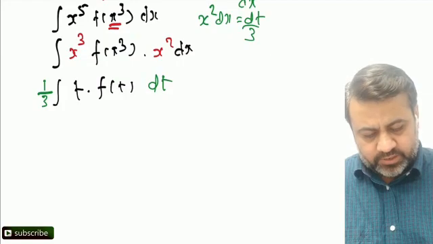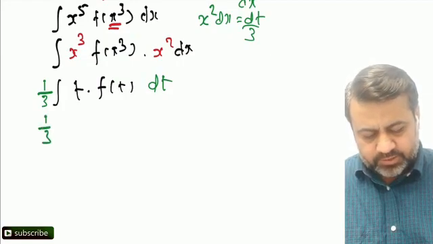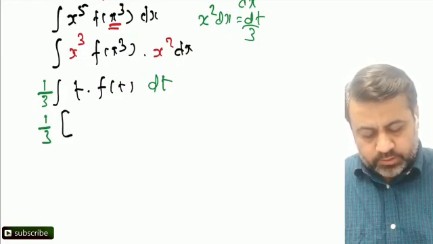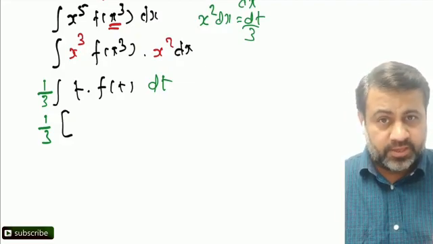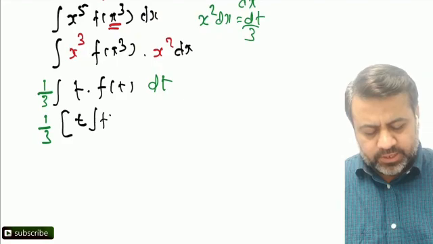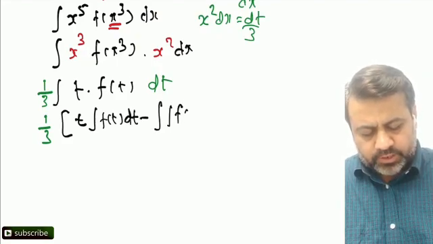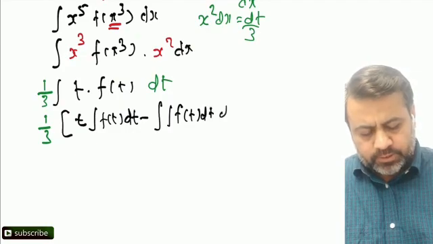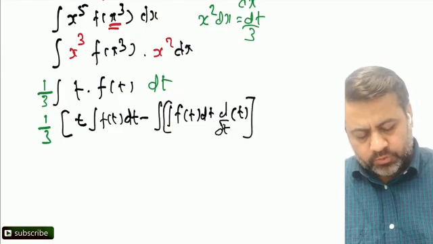This 1 by 3 I am still keeping as it is. The bracket was very important because we noticed in the options that there were brackets. So we take t as it is, integration of f of t dt, minus integration of f of t dt, derivative of t with respect to t, bracket close, dt.